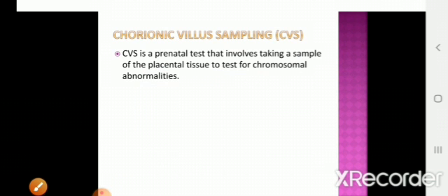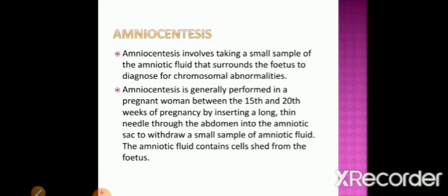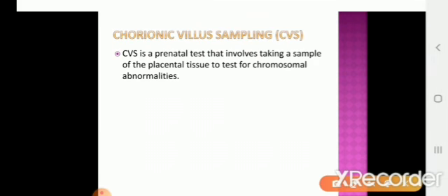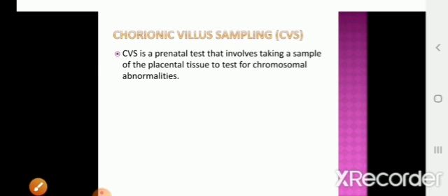The doctor will go for the chorionic villi, the finger-like projections from the placenta, and he will collect the samples from there, and it will be checked.